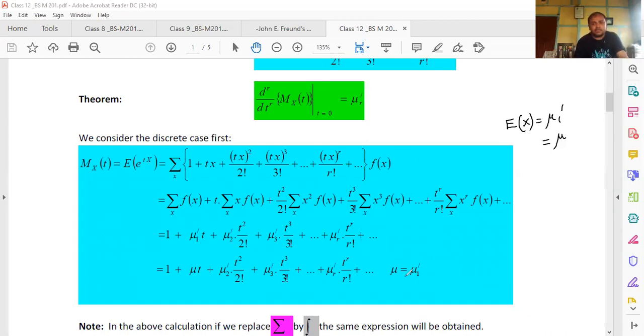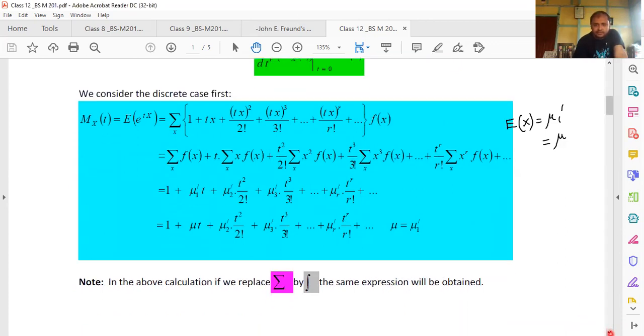This entire calculation, this blue colored portion of the note, can be replicated once again when the variable capital X is continuous. The same thing will come out, only in place of the summation sign, the integration sign will be there, with some limits. Nothing different will be observed.